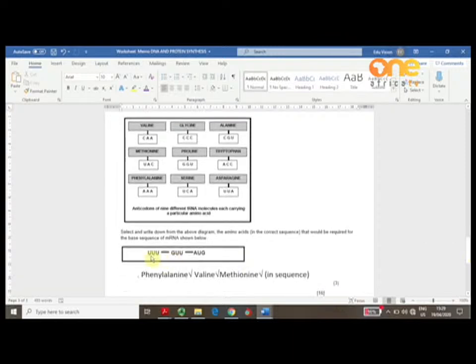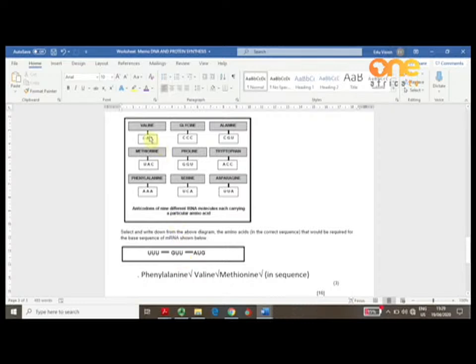So on the mRNA I have U. What will I have on the tRNA? A. You agree? Phenylalanine. On the mRNA I have GUU. So on the tRNA I will have CAA.